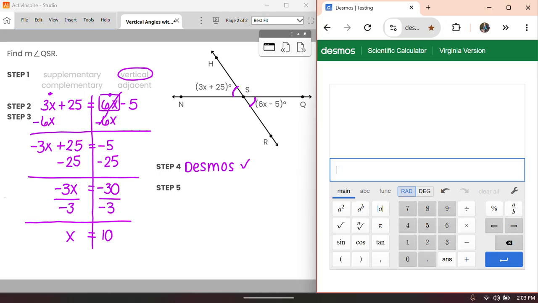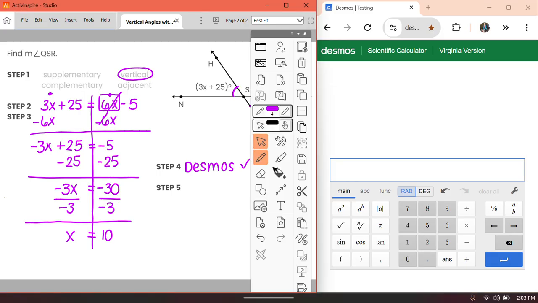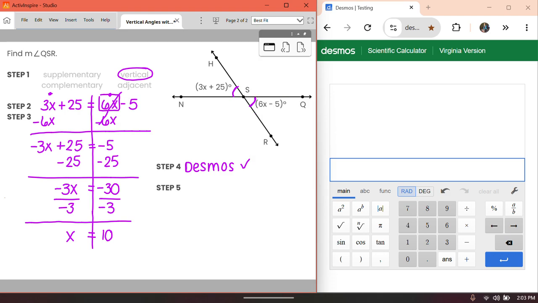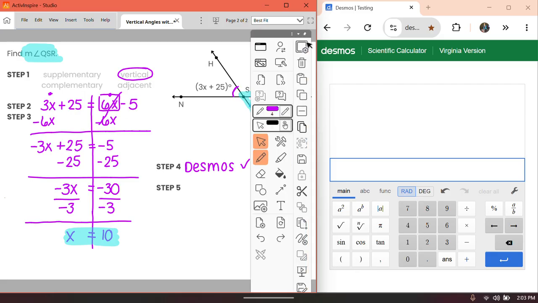Now, the last one, and this is where people get tricked on these sometimes, is the last one says, answer the question. And that seems like it would be the easiest step, right? I got x equals 10. I'm done. But let's go up and read that question again. This question wanted the measure of angle QSR, which is right here. It wanted to know how many degrees that angle is. And that angle is not 10 degrees.